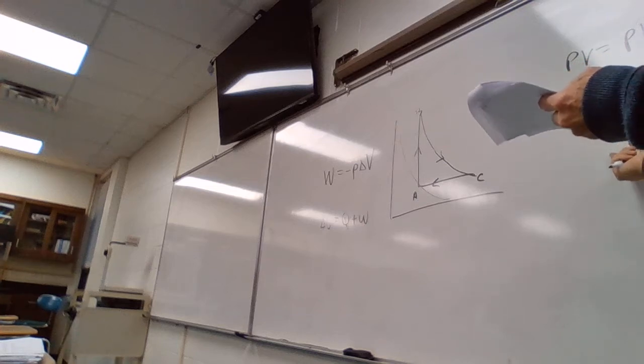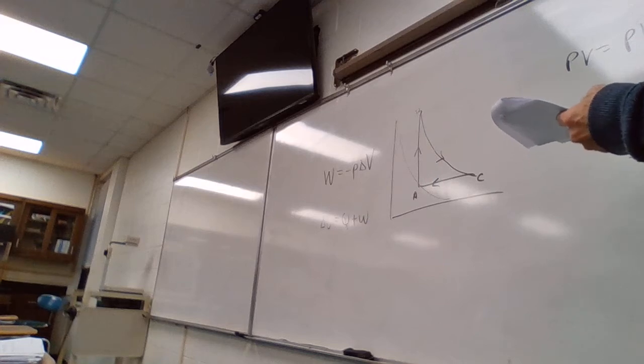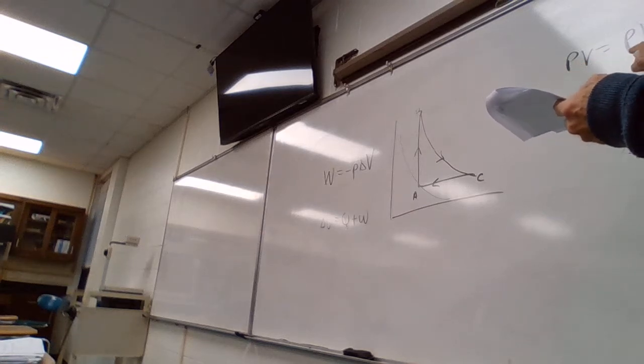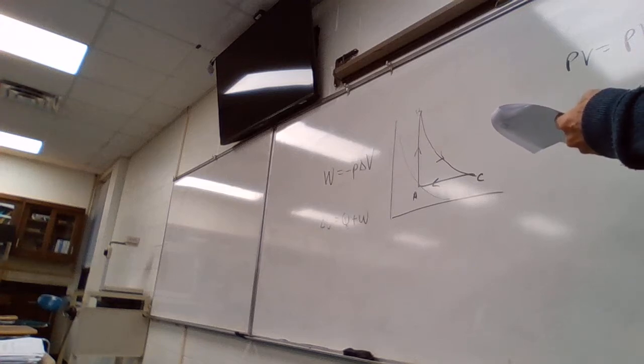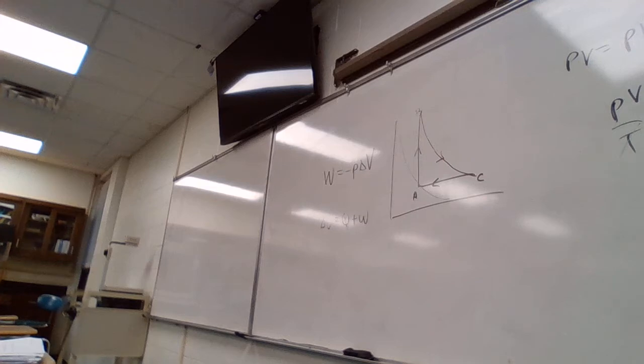You could actually calculate that temperature, but it's the same at B as it is at C, so the T's really don't matter. So you know that one at B, you know the pressure at C, so solve it for volume at C. Now the other thing you could have done was PV equals nRT, because you know the number of moles.